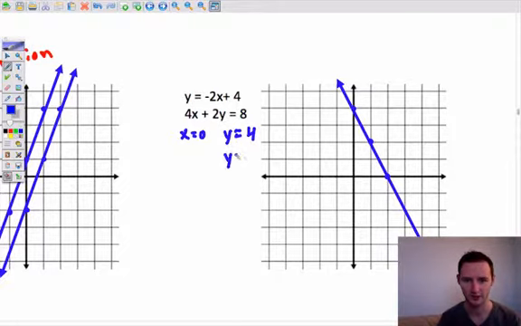And when y is 0, x is going to be 2. So there's my 2 points, (0, 4). I'm going to do this one in red just so you can see it a little better. So (0, 4) is on the graph, and (2, 0) is also on the graph.